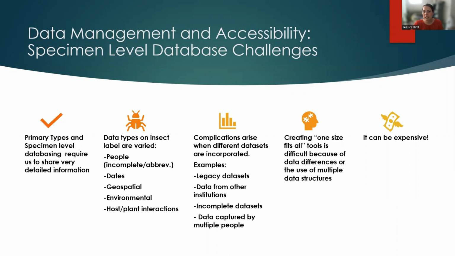They may be legacy, they may be coming from an outside institution, or they may be freshly captured. But we're trying to put all of those data sets into one single database of record. Creating tools and templates for all these different data structures is also challenging. Finally, it is an expensive commitment, and it also takes a lot of staff time.